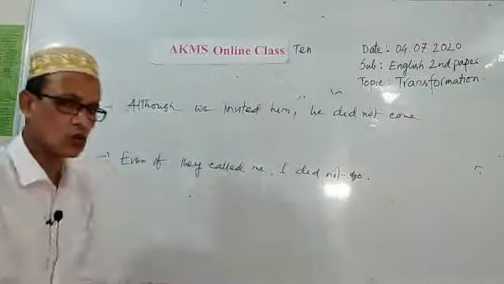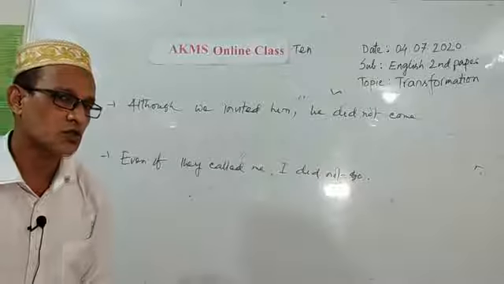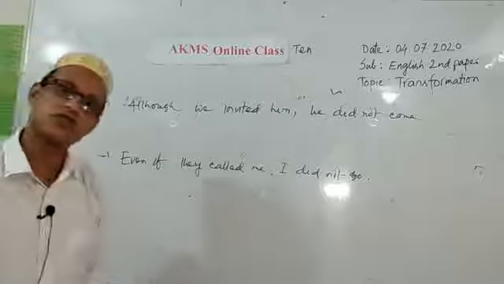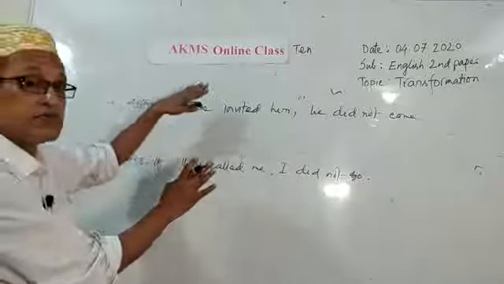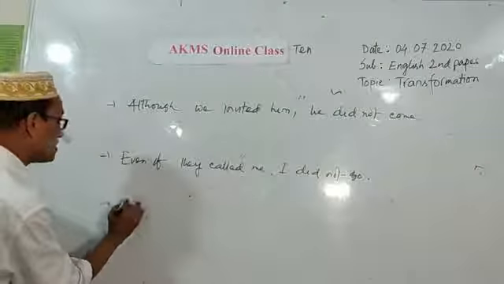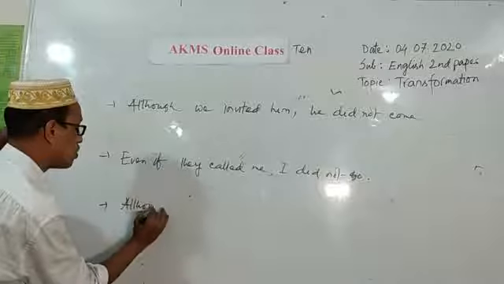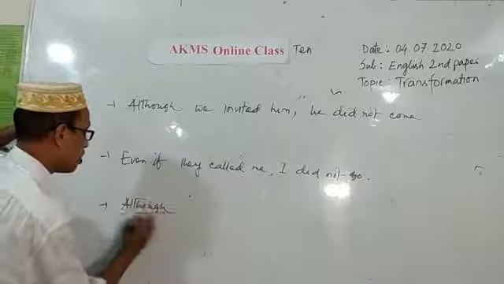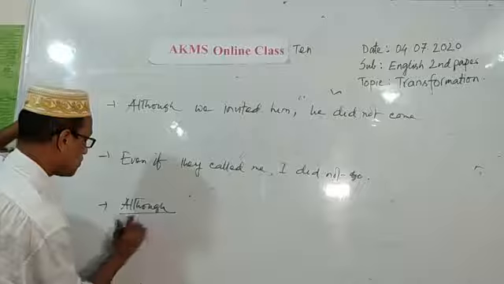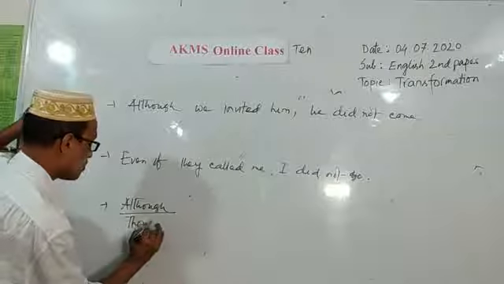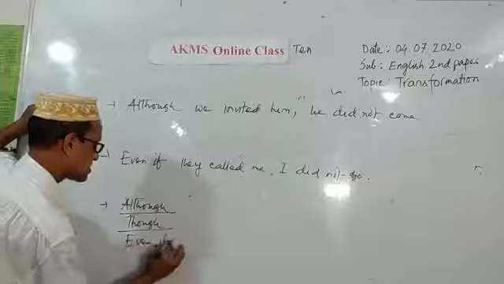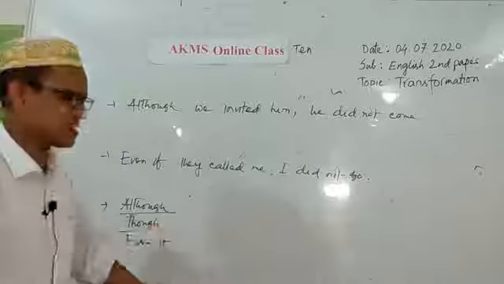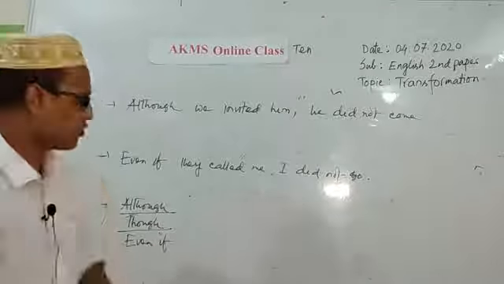Then what can you do whenever you are asked to transform it into simple? First, try to understand the structure of this sentence. So what is the structure? I have used though, although, or even if as conjunction, just like the sentences that I have given you before.